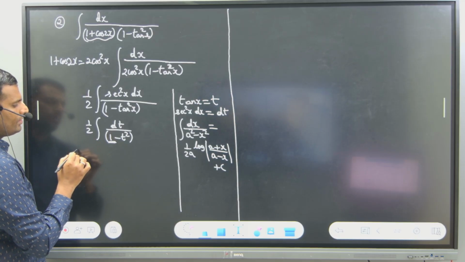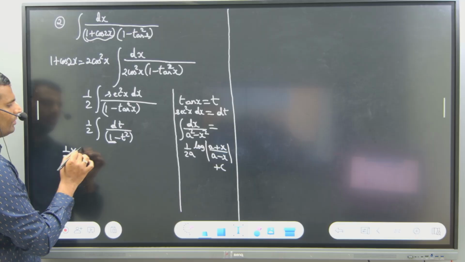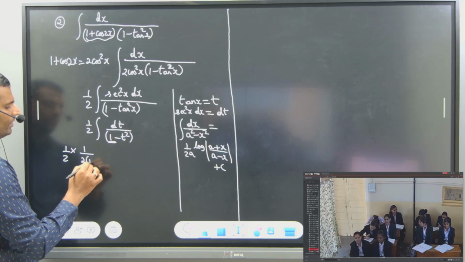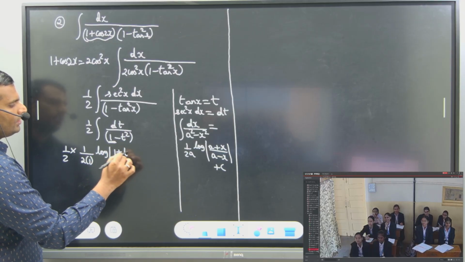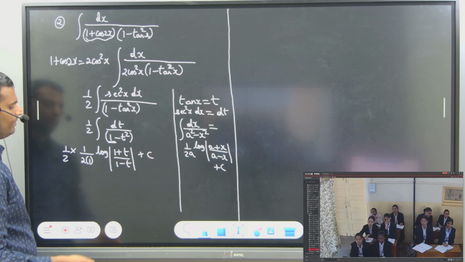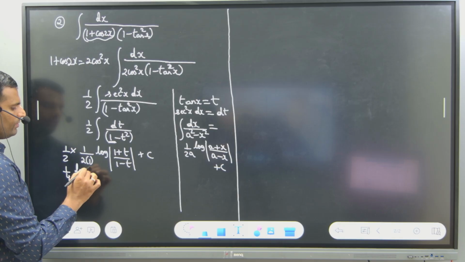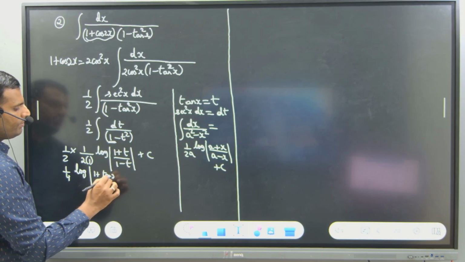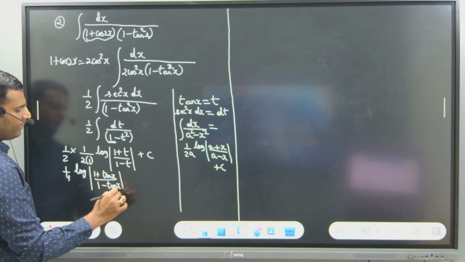So the answer will be, this half will remain, into 1 by 2a, 2 into 1 into log 1 plus t by 1 minus t plus c. So it will be 1 by 4 log 1 plus tan x by 1 minus tan x plus c.